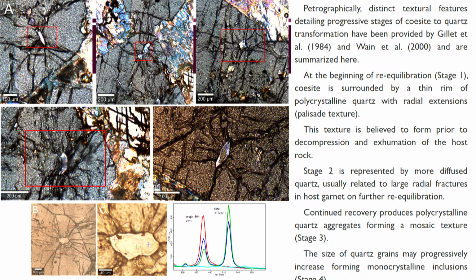We found several grains, so this is the 6th one, 6 grains of coesite, which we then of course confirmed petrographically, because there are again in literature different ways to confirm whether you're actually looking at a coesite, and of course we confirmed through Raman studies.